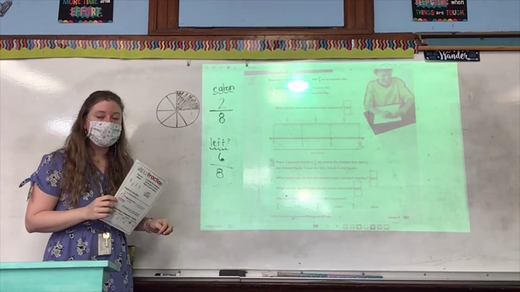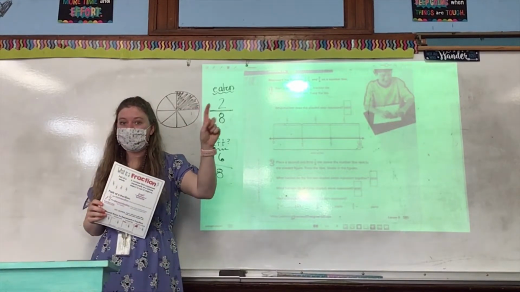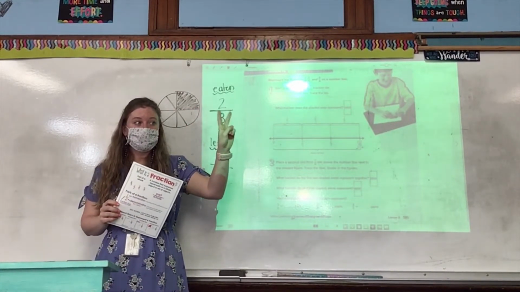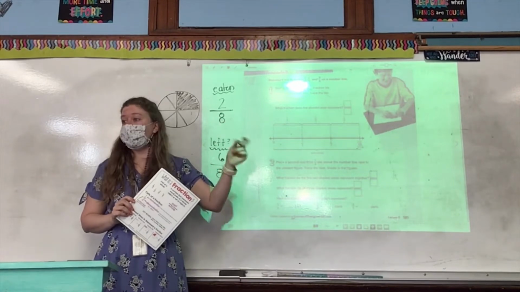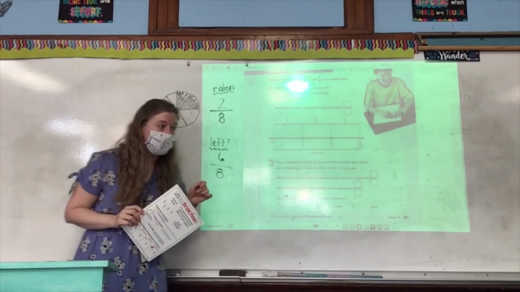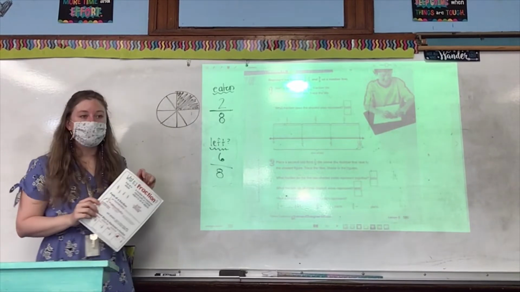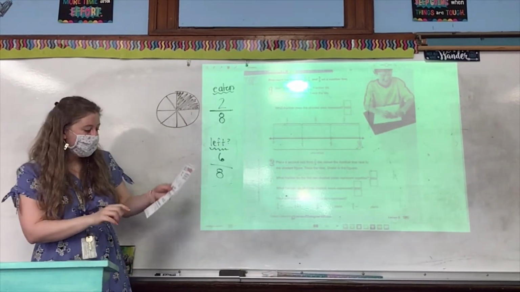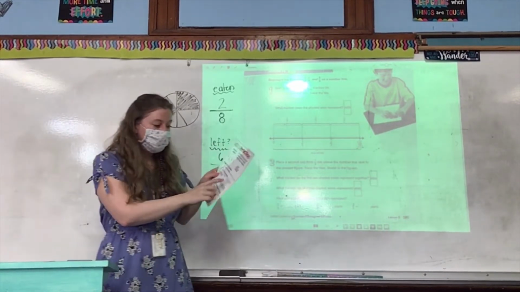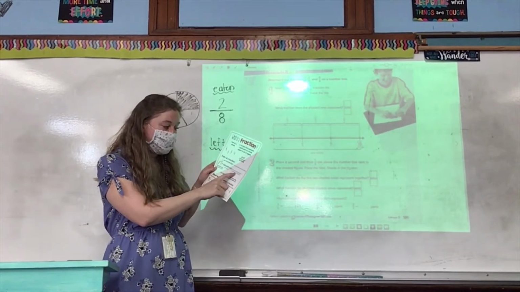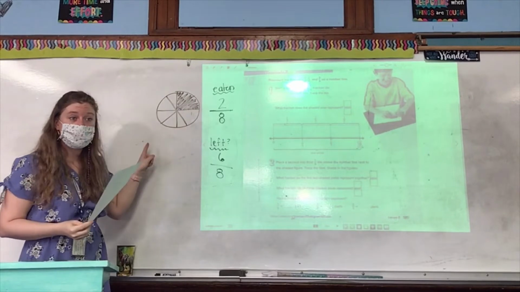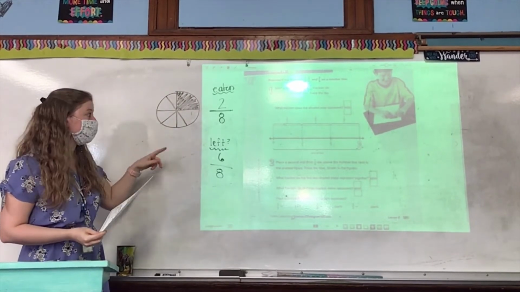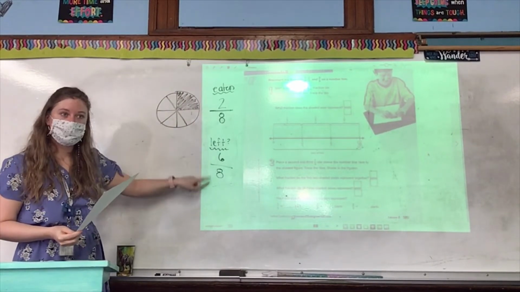So, remember, there's only 2 pieces. There's the numerator, there's the denominator. I can't really give you a good way to remember numerator, but just remember the denominator is down below the numerator. The denominator represents how many pieces the whole is broken into. So our whole pizza was cut into 8 pieces.